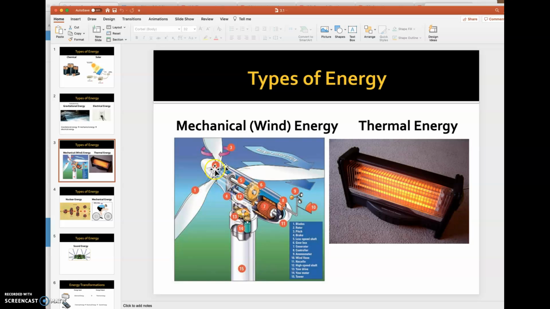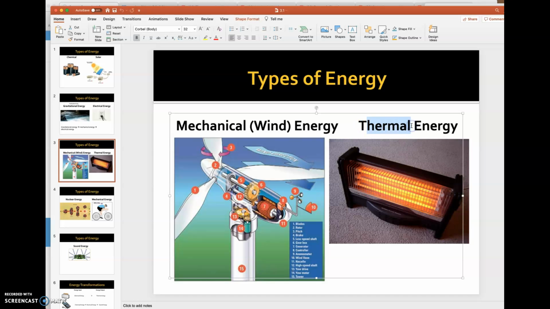And so we want something to do the mechanical aspect of creating our energy. So in a wind turbine, that spins the blades, which turns the shaft, and the generator, this little bit here, makes the electricity, and it's transferred down the pipe and out to the power lines.